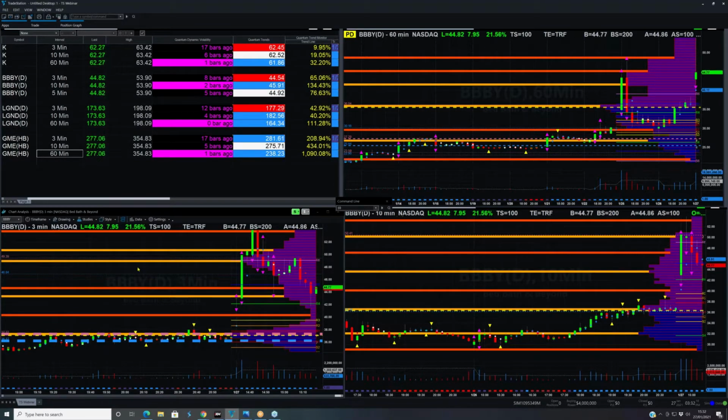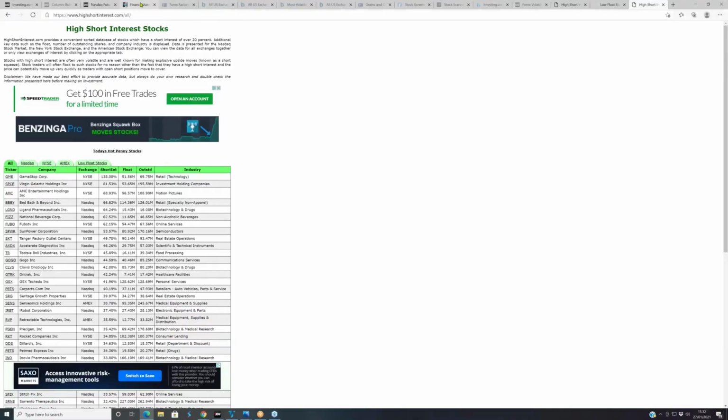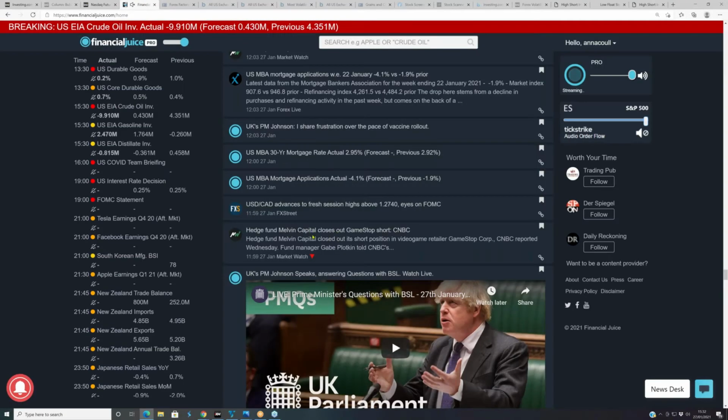One particular hedge fund has now, I believe, closed all its short positions. In fact, I had it here. Let's have a look. Hedge fund Melvin Capital closes out its short, and it has lost apparently a huge amount of money, although I believe it's been bailed out by, I think, Citadel.